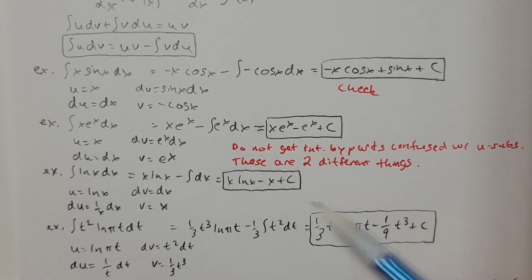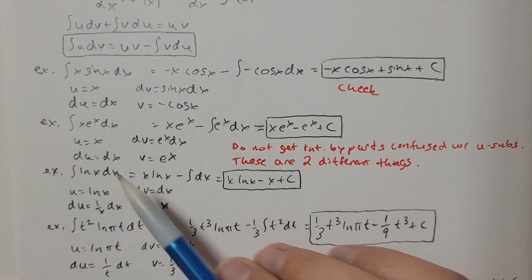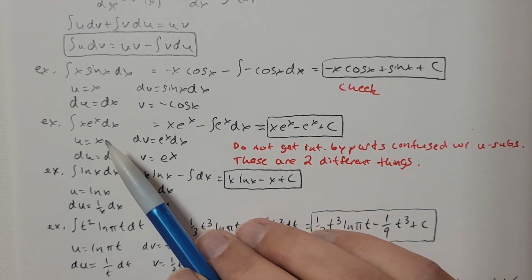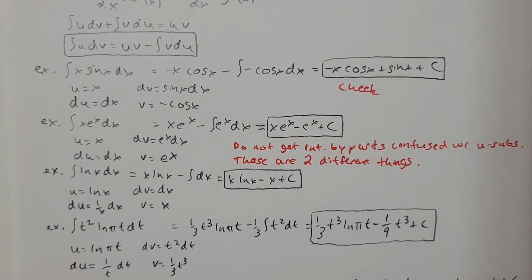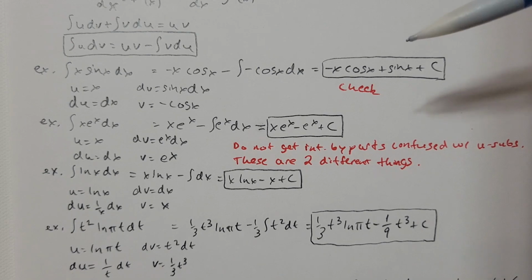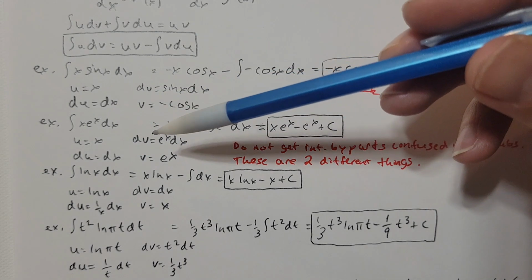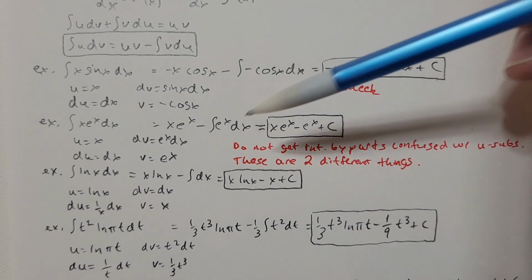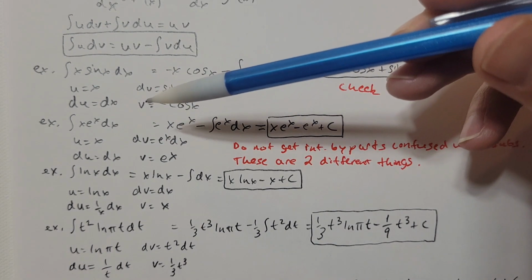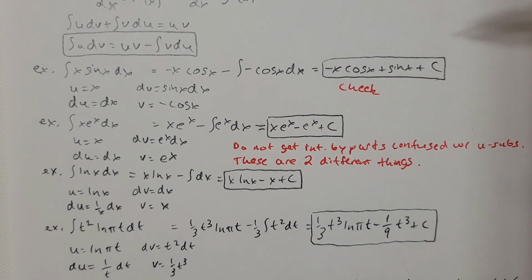If we try another one here, if I integrate x times e to the x dx, usually whenever you have x times a function like we had here, u is going to be x, and dv is going to be the rest of it. Usually, not always, though.